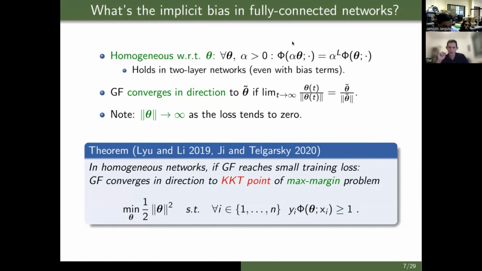So the question is whether the implicit bias towards KKT points is new or not. So this result is from 2019, and it was extended in 2020.